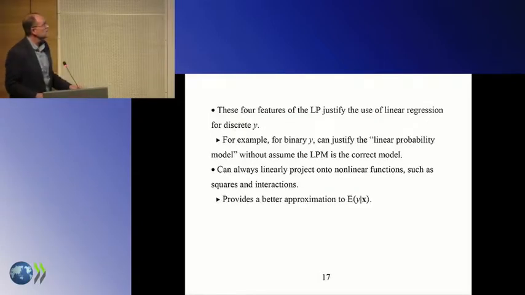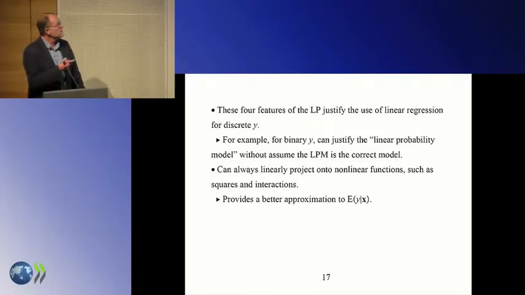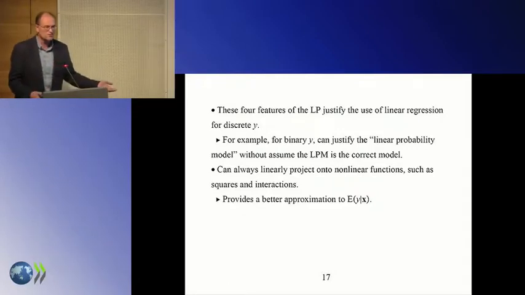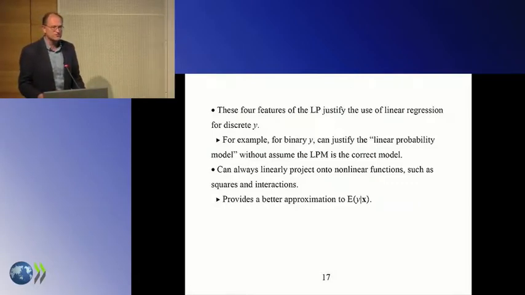Okay, so just to remind you, there's often this discussion about whether you should use a linear probability model or not. I think I saw, at least implicitly, some of them used in some of the talks today. The argument isn't about whether that's the right model or not.